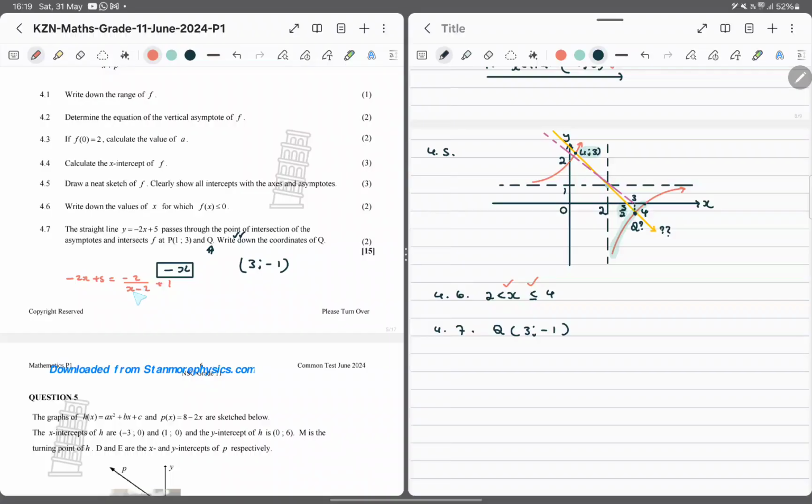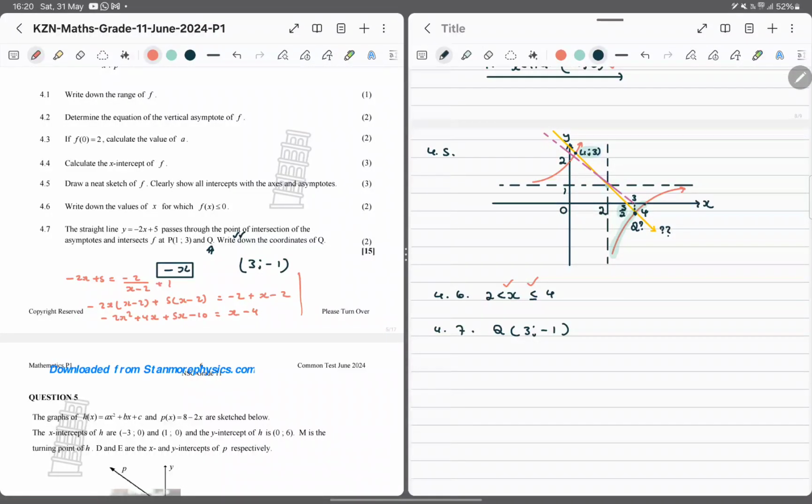Multiply throughout by the common denominator, so we get minus 2x into x minus 2 plus 5 into x minus 2 equals minus 2 plus x minus 2. We expand this out, we get minus 2x squared plus 4x plus 5x minus 10 equals x minus 4.